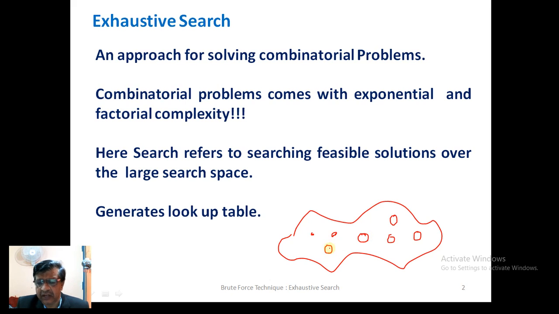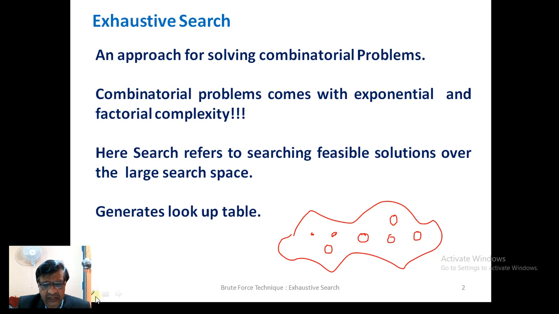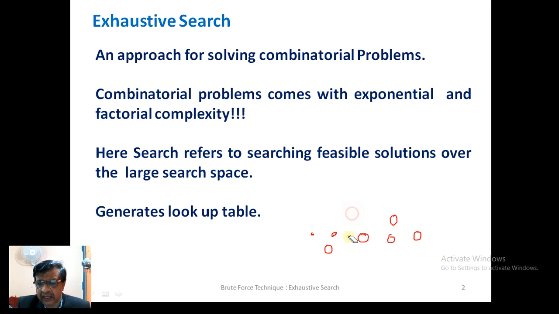Therefore, when we address combinatorial problems by the exhaustive search method or brute force technique, the algorithm will generally generate a lookup table, and the lookup table will contain several solutions, and we need to pick up the appropriate solution that addresses the given context.